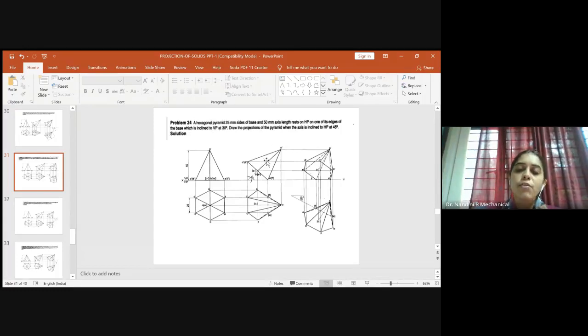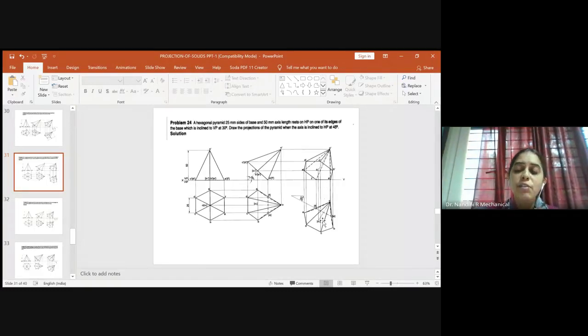Irrespective of whether it's a prism, pyramid, or solid of revolution, I have always told you the norms. In the first stage, we assume the axis to be perpendicular, in the second stage inclined to HP, and in the third stage, inclination with respect to VP. This inclination with respect to VP could be related to the edges or the axis.